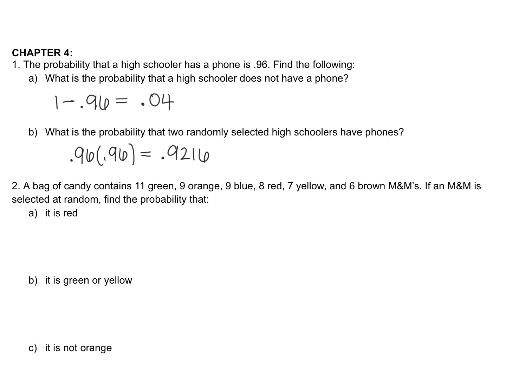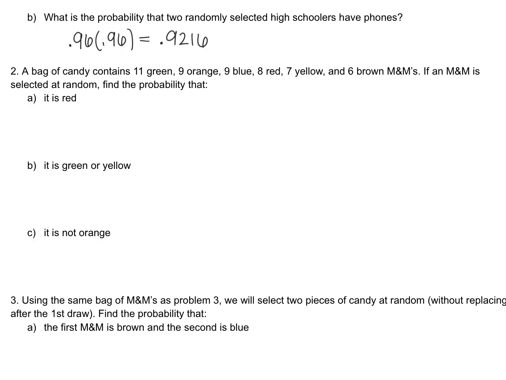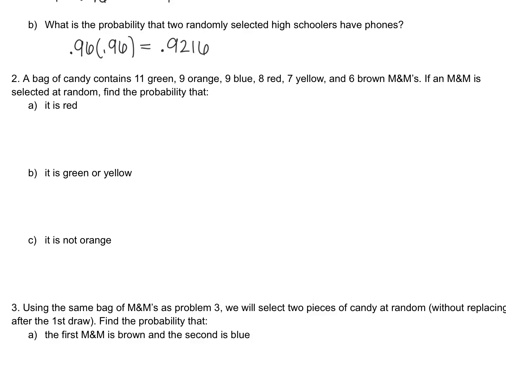The next 2 problems go together. So we have a bag of candy that has 11 green, 9 orange, 9 blue, 8 red, 7 yellow, and 6 brown M&Ms. We are selecting an M&M. We want to find the probability that it's red. So the probability it's red is the total number of red M&Ms, 8, over the total in the bag, which is 50.